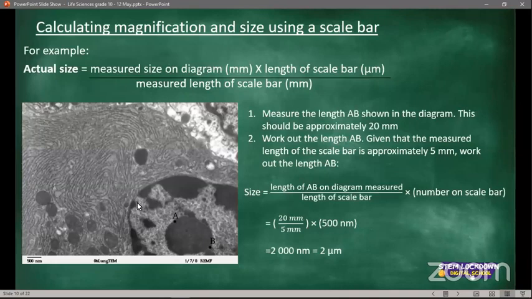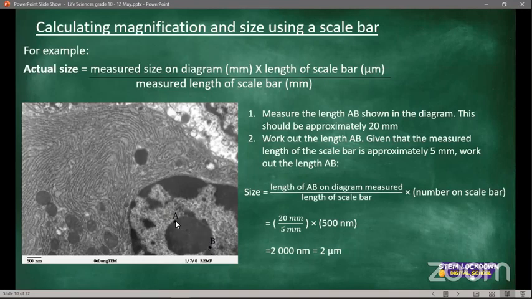Now, to calculate the actual size of this organelle, which is from A to B, you first measure the length AB shown in the diagram. So you first measure this length using your ruler, and it should be in millimeters.